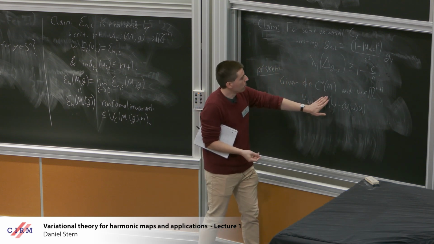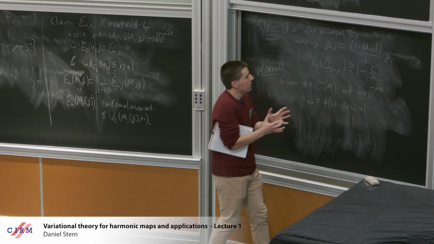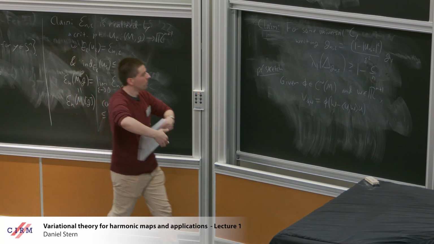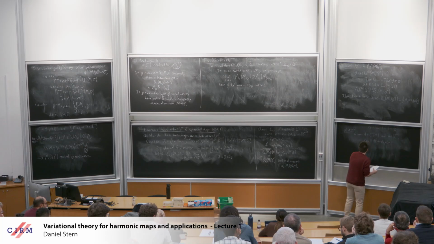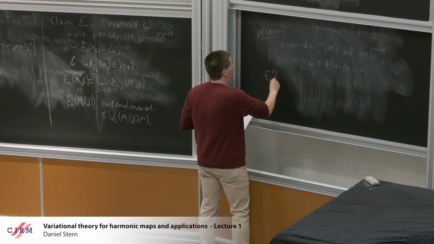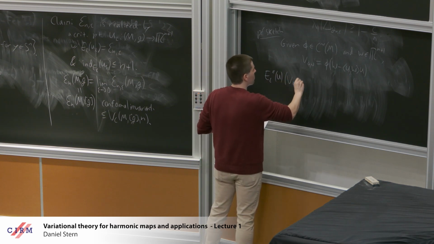Right, so if phi were just 1 and u was actually sphere valued, this would really be the tangent field to some conformal automorphism, some conformal dilation. Okay, so the idea is, okay, this is I guess another exercise for you. We can write E epsilon double prime of u applied to these fields.